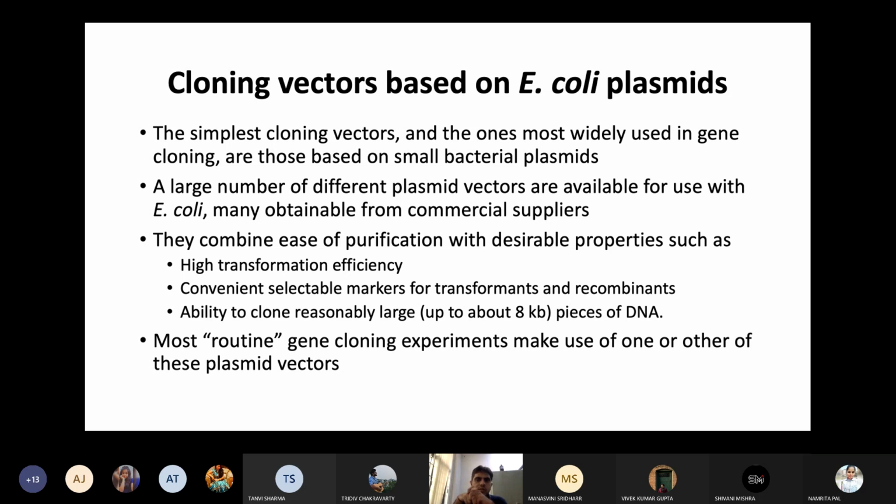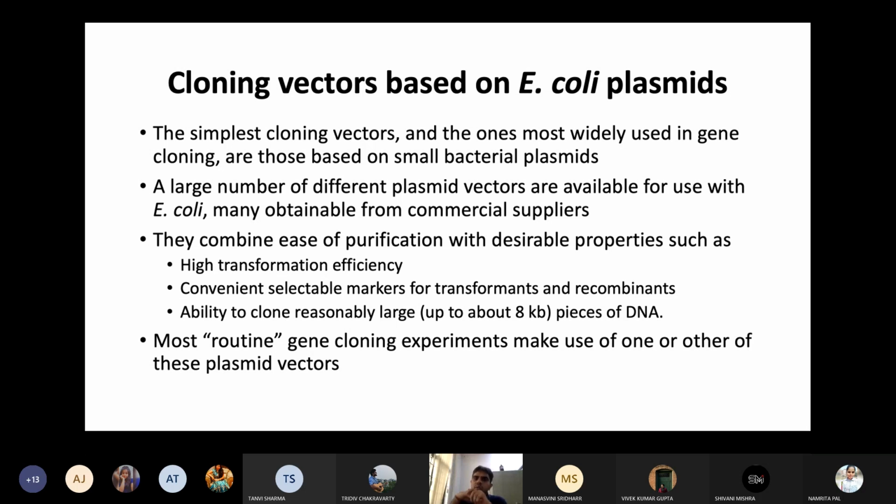So the plasmids, as we mentioned, are the first, the simplest, and the most widely used. One property is that they should be small in size. We are not using very large plasmids as a vector; we are using only small plasmids.